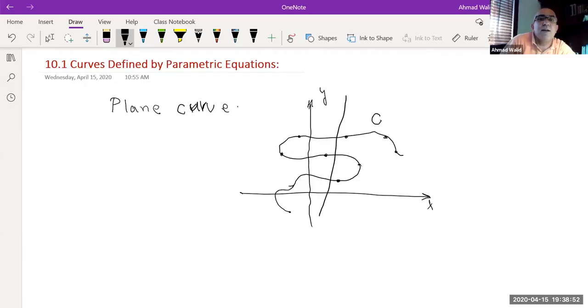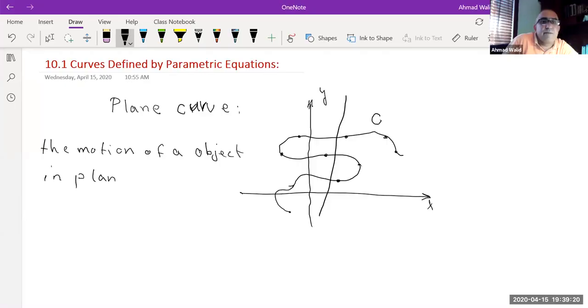Really bad handwriting. I will give you a definition for a plane curve. The motion of an object or particle in a plane is a plane curve.